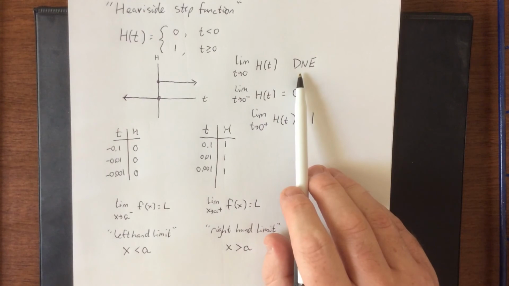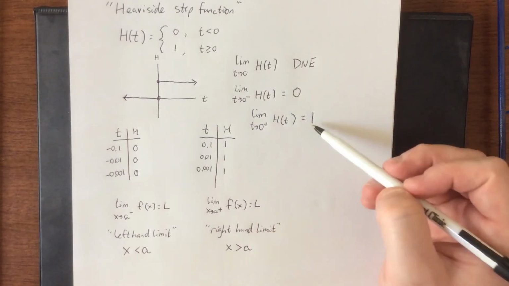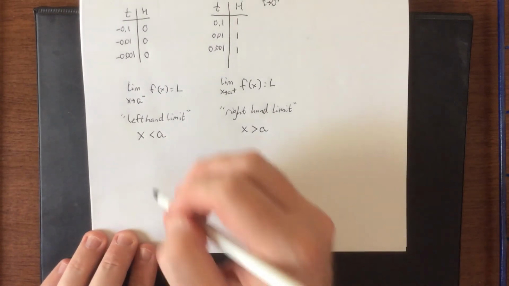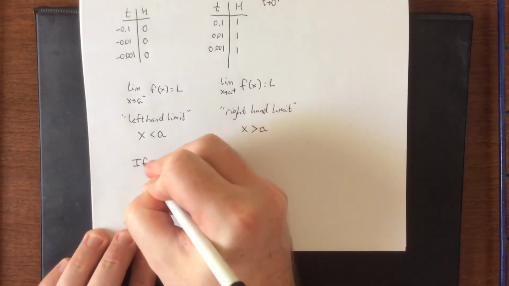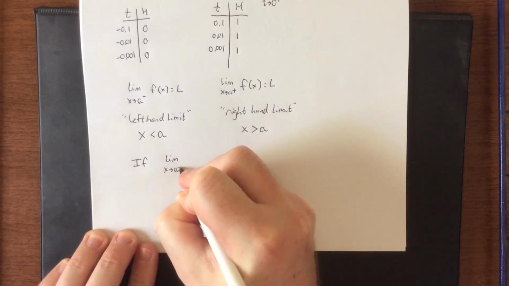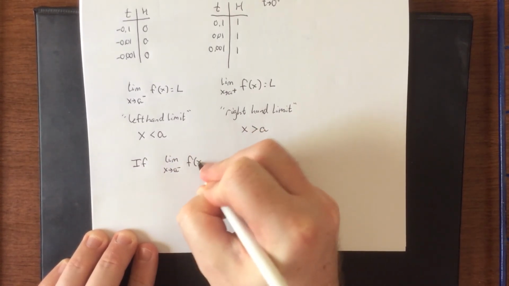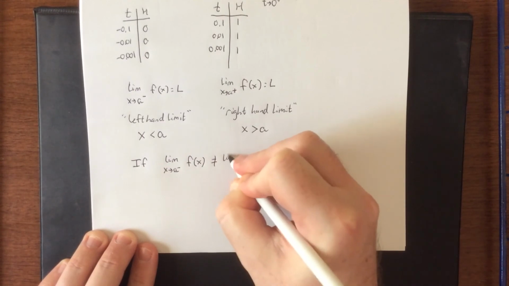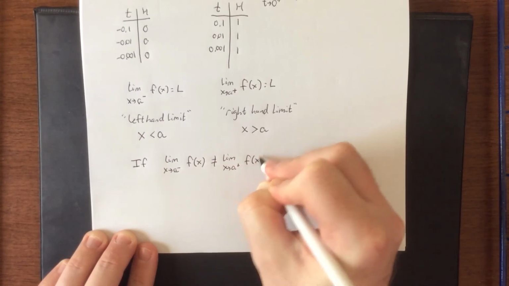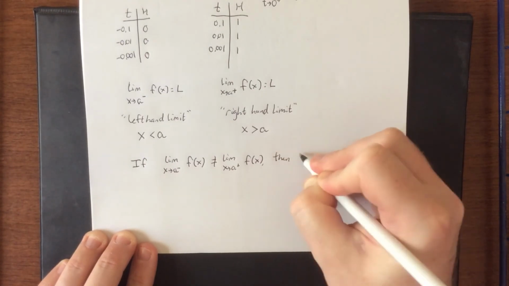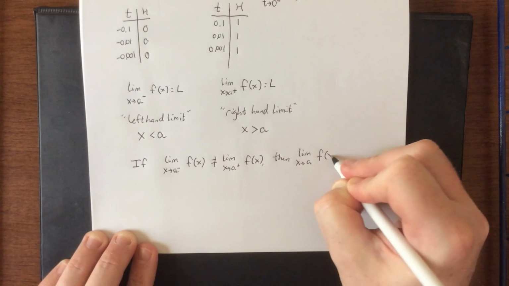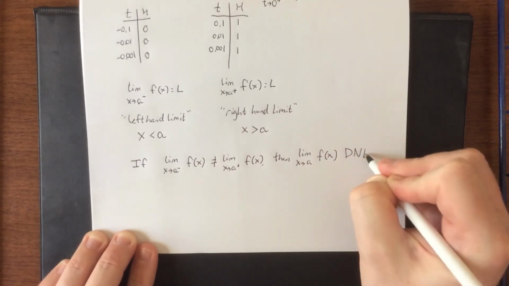The two-sided limit does not exist if these two values are not the same. So put in more general terms, what we're saying is that if the limit as x approaches a from the left of f of x is not equal to the limit as x approaches a from the right of f of x, then the limit as x approaches a of f of x does not exist.